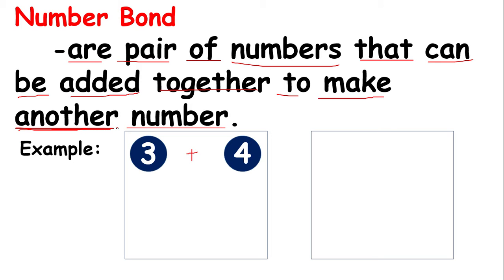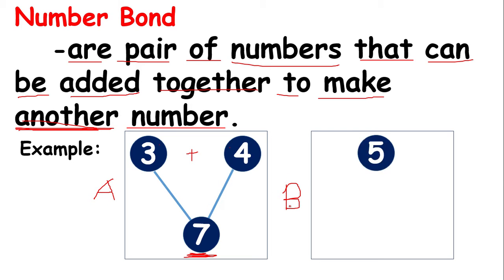So if you add 3 and 4, they make another number, which is 7. This is box A.